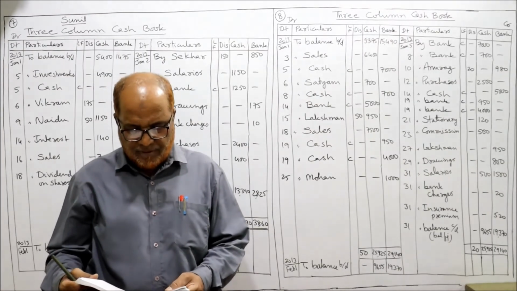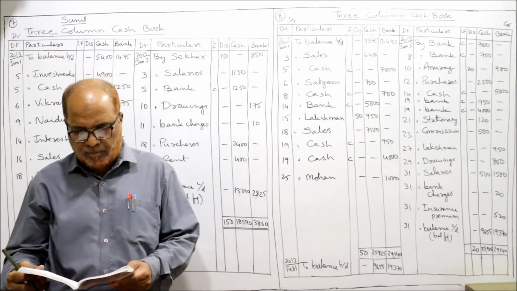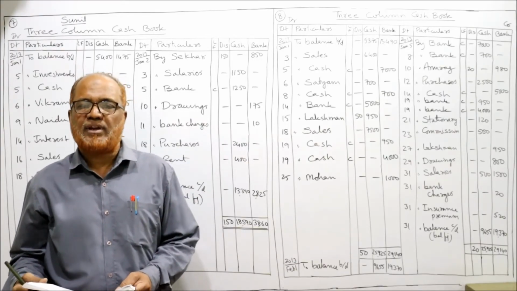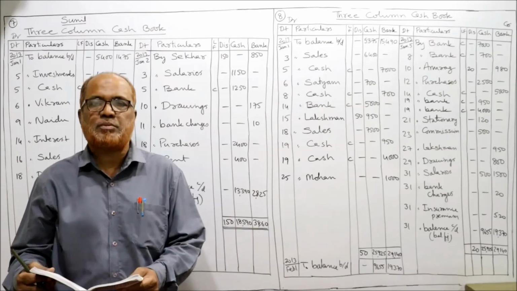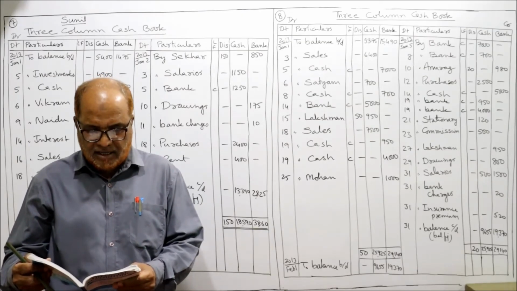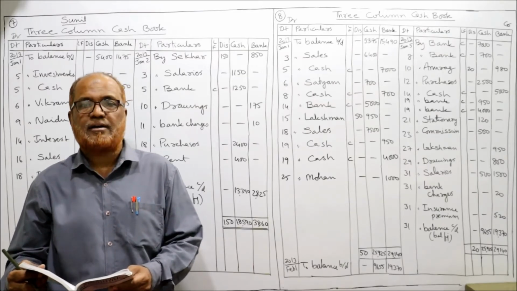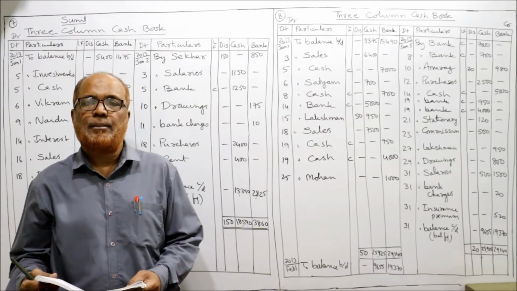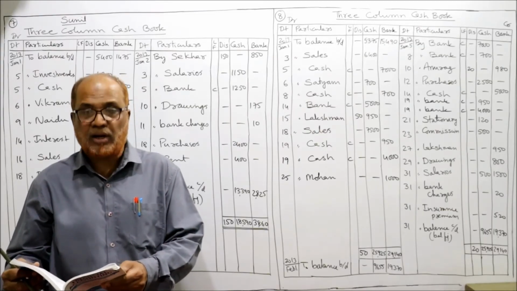Received a check for rupees 950 from Lakshman and allowed him discount 50. So on 15th January, received a check from Lakshman 950. But it is given that on 19th date, paid it into bank, Lakshman's check. So actually Lakshman's check is received on 15th, but deposited in bank on 19th.